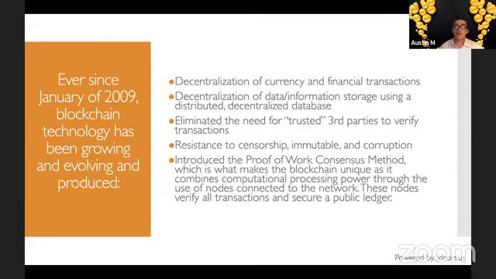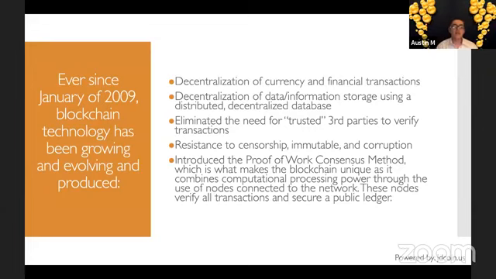It also brought resistance to censorship, immutability, and corruption. Being a decentralized, peer-to-peer type of network, it's hard to censor or alter, and it's not very prone to corruption as some of the bigger names are.